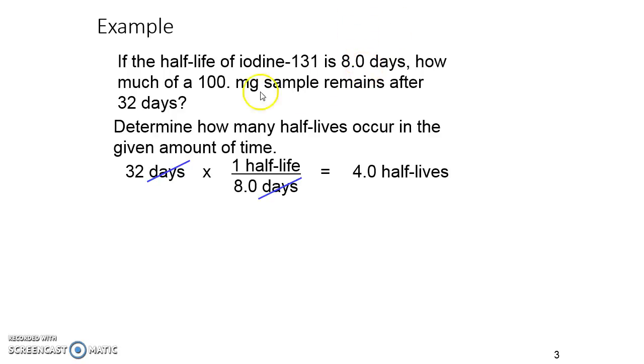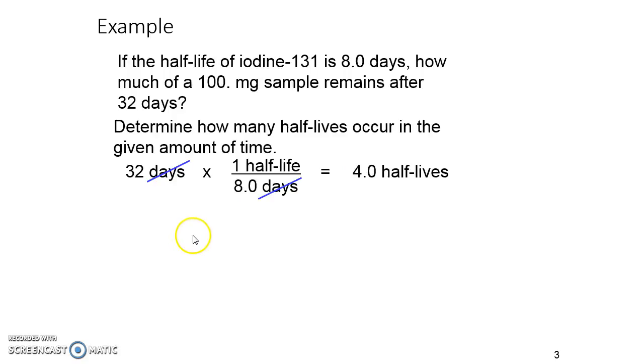After 16 days, that's 2 half-lives, so there's only 25 milligrams left. After 24 days, well, there's half of 25 left, so 12.5 milligrams. After 32 days, that's 4 half-lives, so that's only 6.25 milligrams.